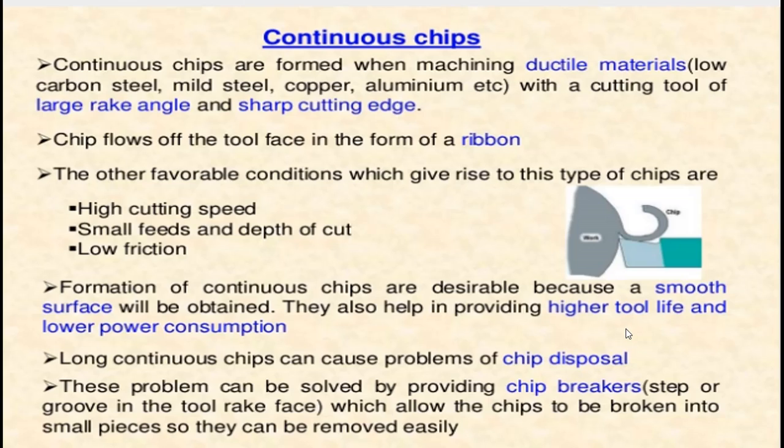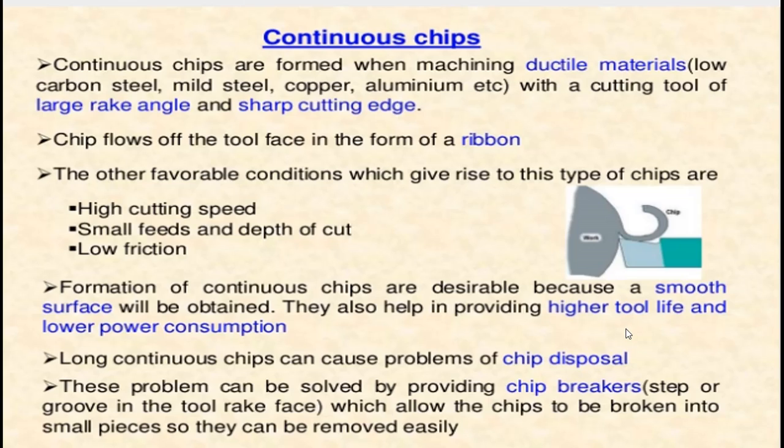The favorable conditions to get a continuous chip include high cutting speed, small feed and depth of cut, and low friction. The tool used for the material will have a low coefficient of friction. In that case, we will get continuous chips.